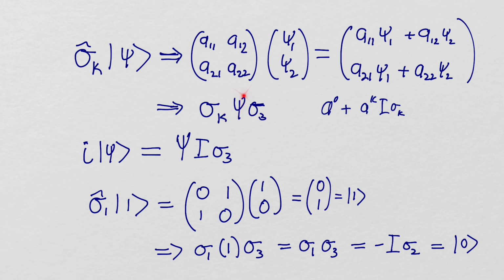So we take this spinor piece, we give a geometric product on the right with sigma 3 and a geometric product on the left with the equivalent geometric algebra representation of this operator, which is just the spatial relative vector that's associated with the Pauli matrix.